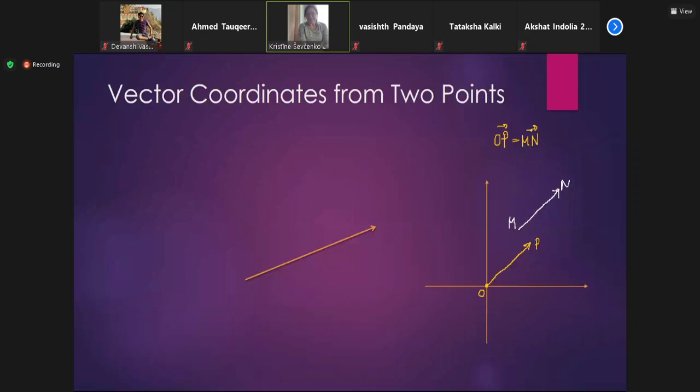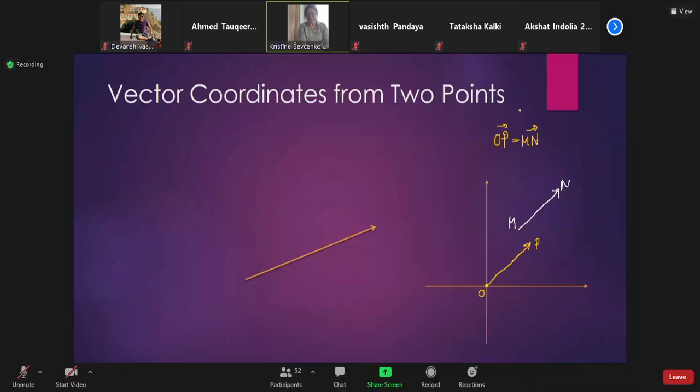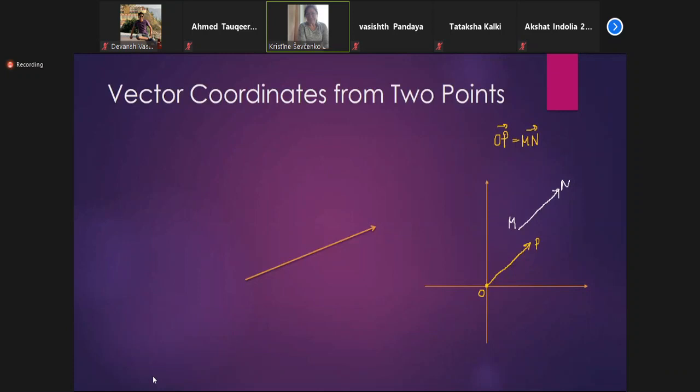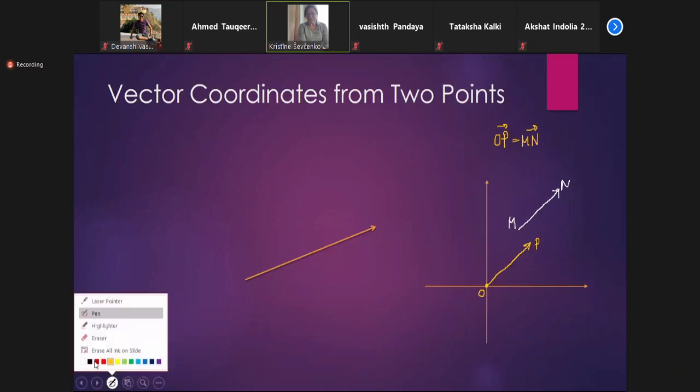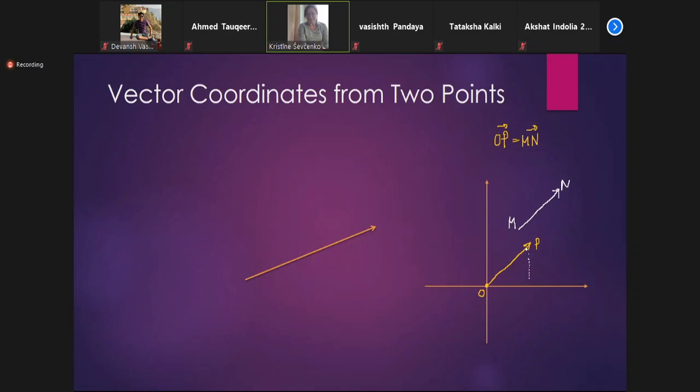So let's remember what the coordinates of the vector OP actually are. They mean the projections on the axes, x and y, so that we get the correct components, we get the right triangle. In the same way, I can construct the very same right triangle for the vector MN.